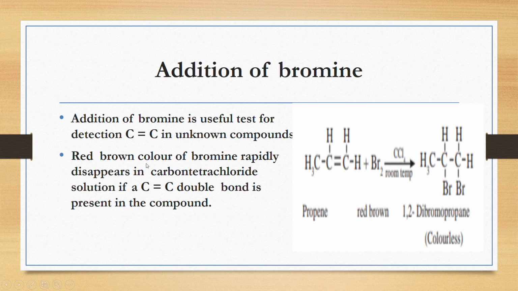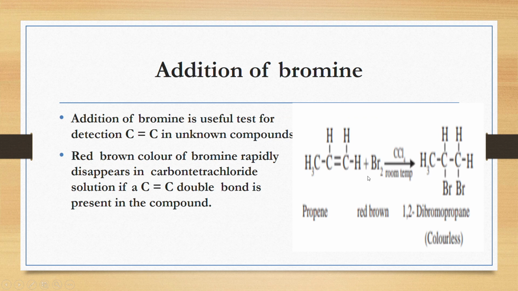Red-brown color of bromine rapidly disappears in carbon tetrachloride solution if carbon-carbon double bond is present in the compound. So, propene will react with red-brown colored bromine in presence of carbon tetrachloride at room temperature, and wherever double bond is present, addition of bromine will take place, and we get 1,2-dibromopropane as the product.